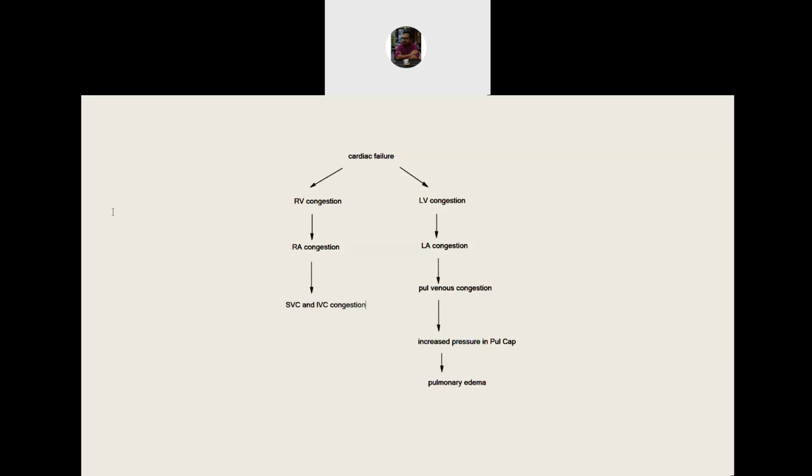And this will lead to features of systemic edema, like pedal edema, ascites, or engorged and pulsatile neck vein. So this is how cardiac edema occurs, both due to left ventricular failure and right ventricular failure.